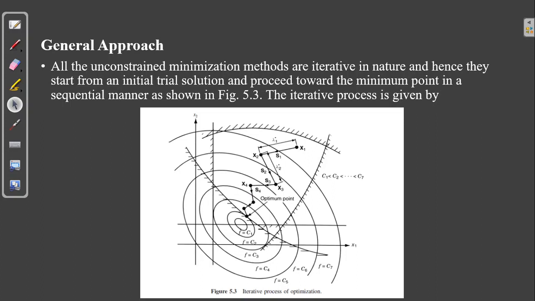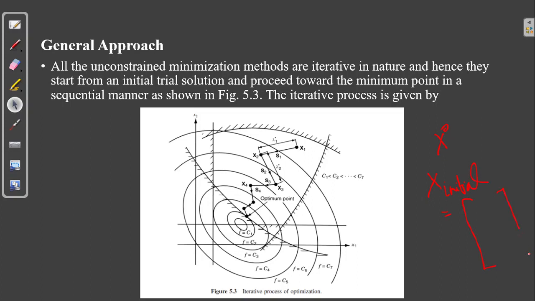Now we are going to discuss the general approach of the optimization problem. All the unconstrained minimization methods are iterative in nature. Iterative means initially we will have some x0, or x initial, some initial vector.